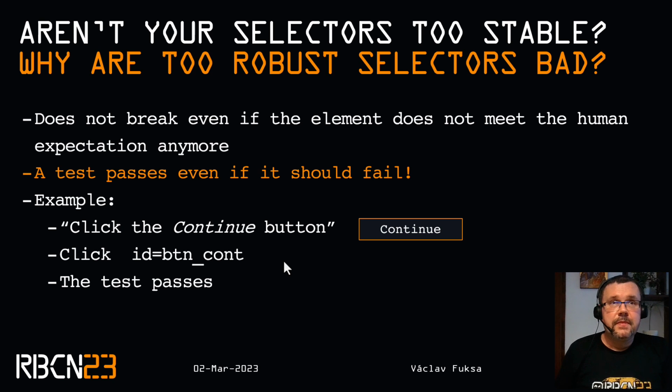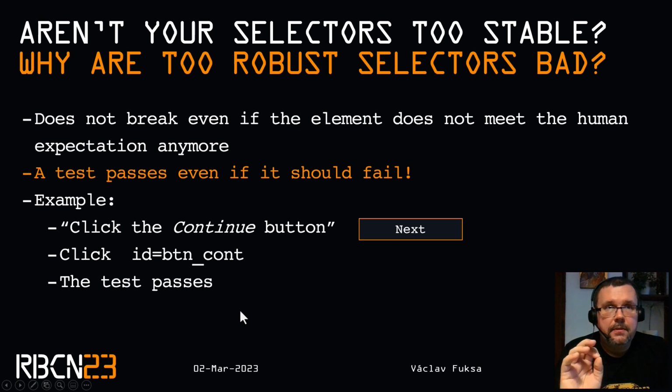However, a change occurs in the application and the continue button is renamed to next. But the script remains the same as usual. So what will happen? In most cases, the selector ID equal to button underscore continue remains functional and the test passes again.